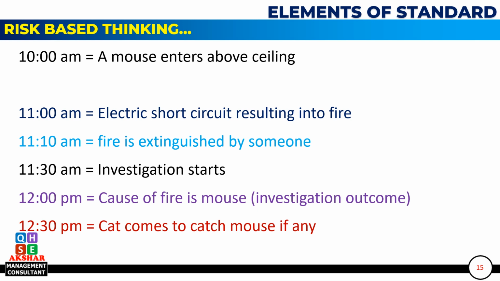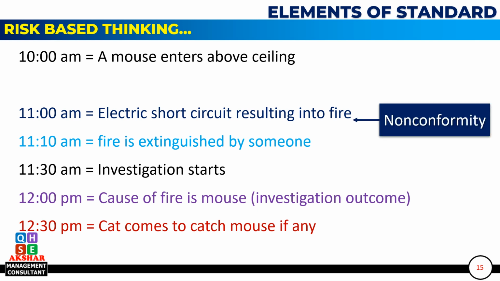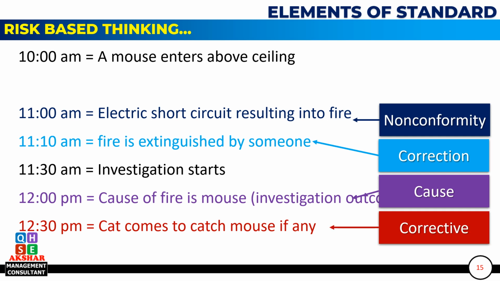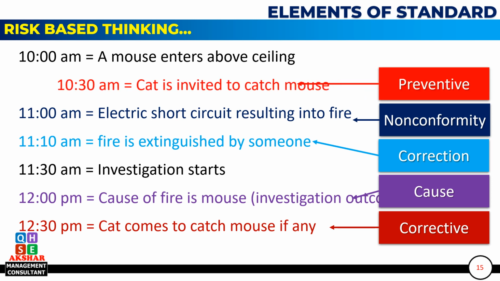In this story, fire is called nonconformity. Operating the fire extinguisher is called correction action. The mouse is called the cause of fire. Corrective action is calling a cat to eliminate the mouse.